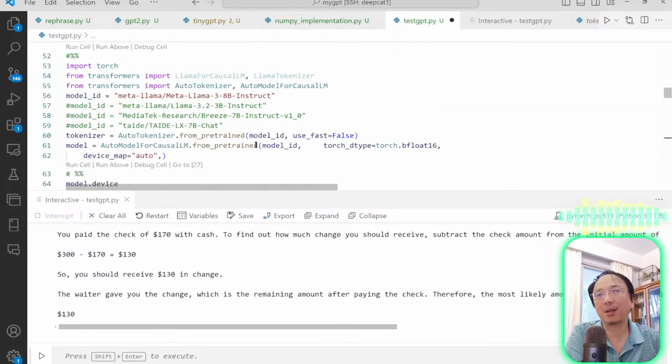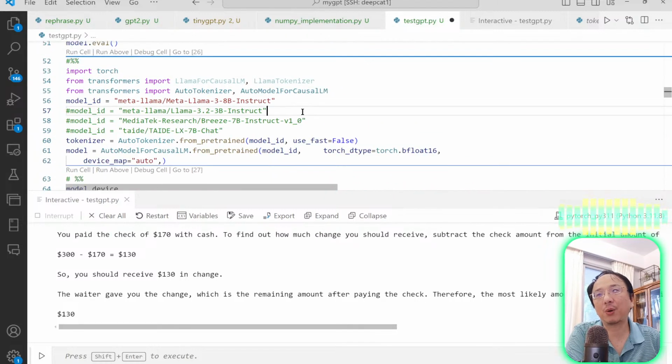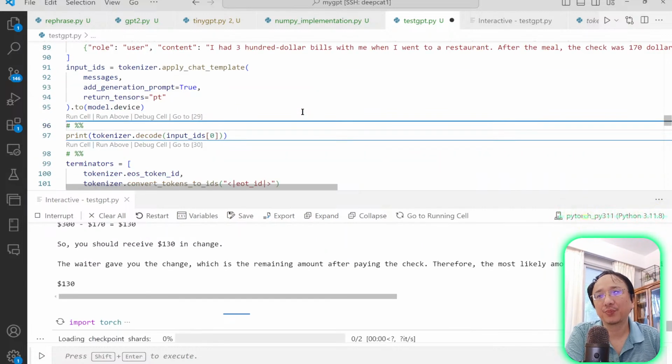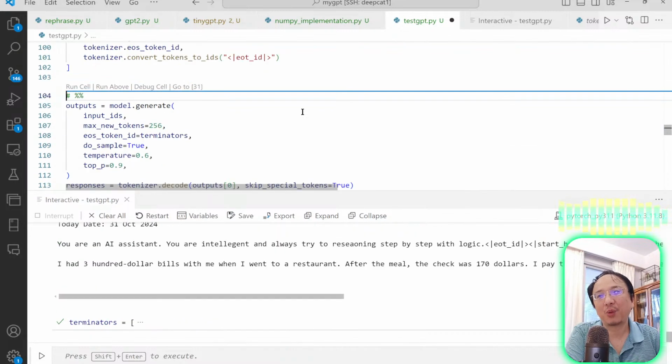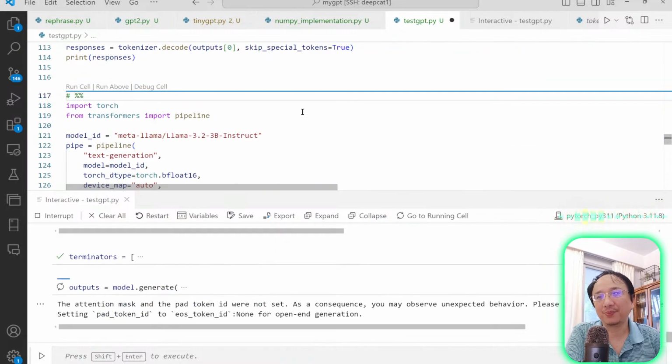Let me try the second one, the 3.2 3B model. It probably will answer the same.